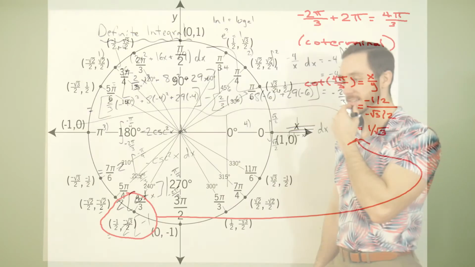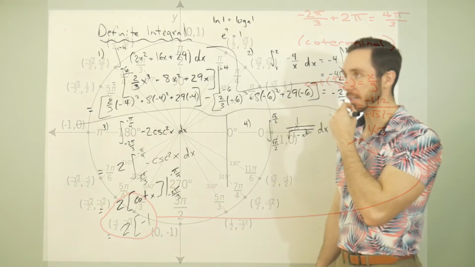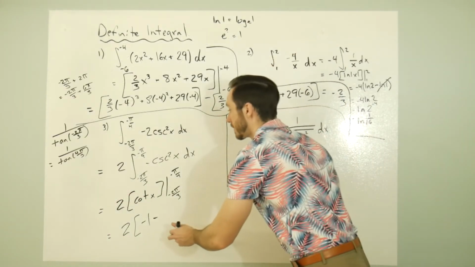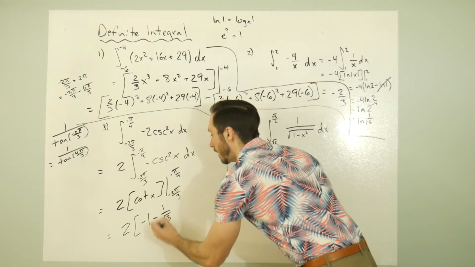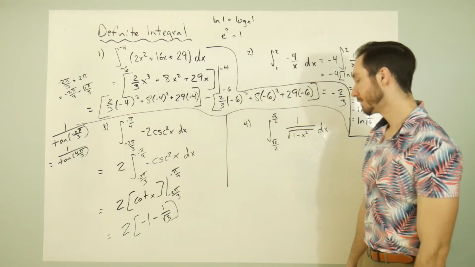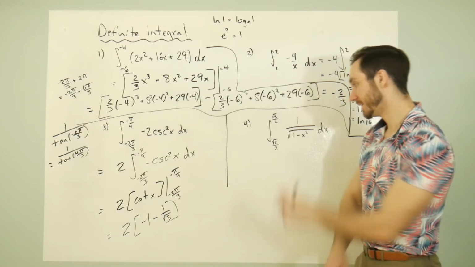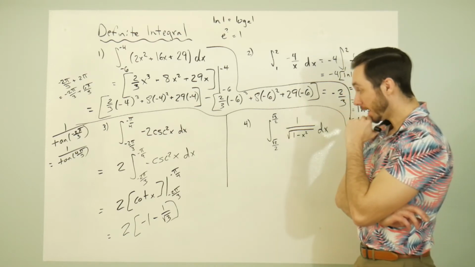Should be 1 over √3. So -1 minus 1 over √3. I guess we can clean this up a bit. Do I want to, though? Not really, is the answer to that. I guess I can.